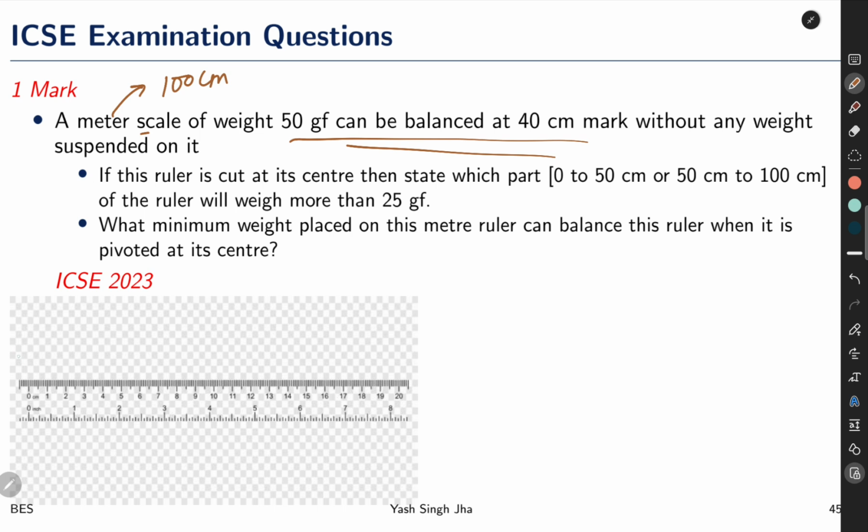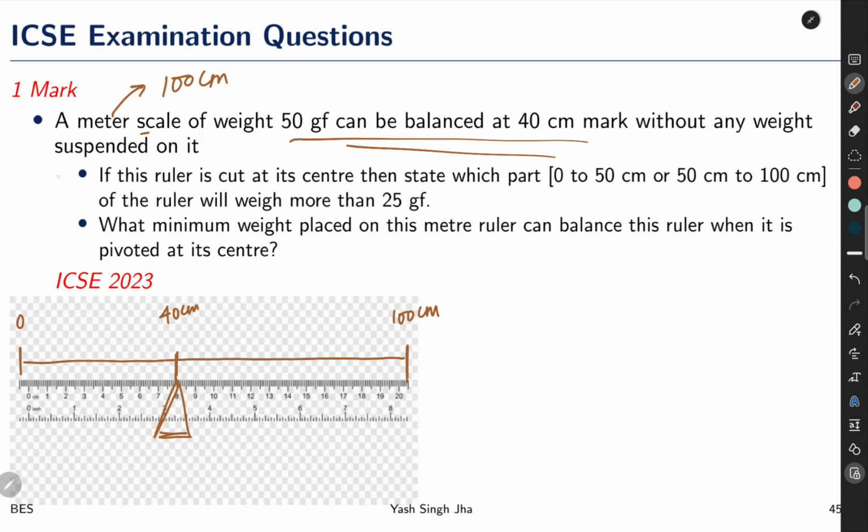So let's say this is the 0 mark and this is the 100 centimeter mark. They are saying that around the 40 centimeter mark, it is balanced. If I place a balance here, the meter scale will be balanced.